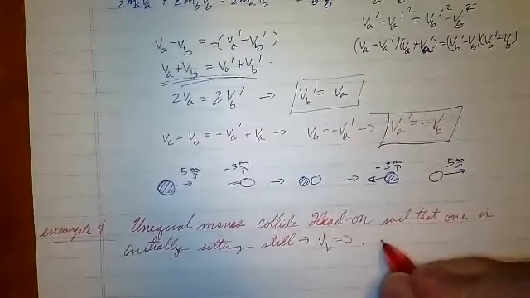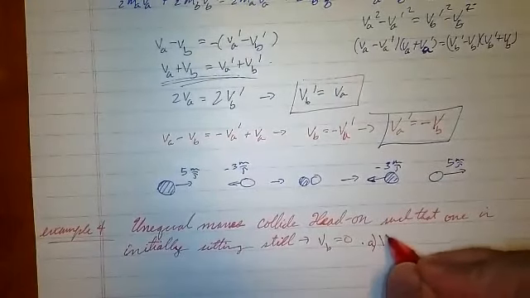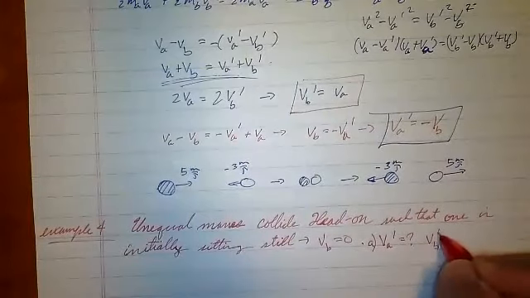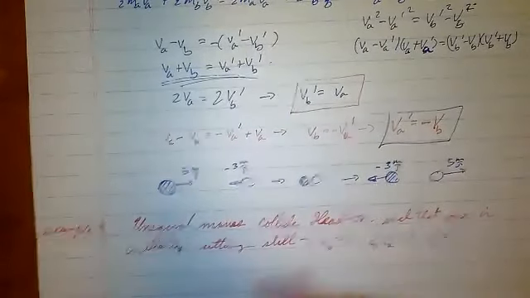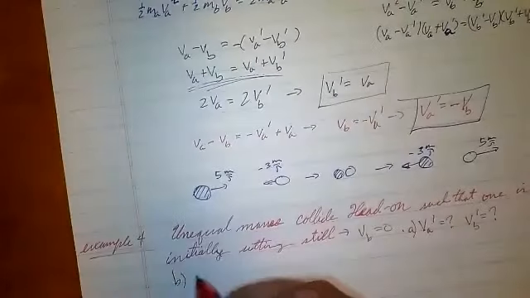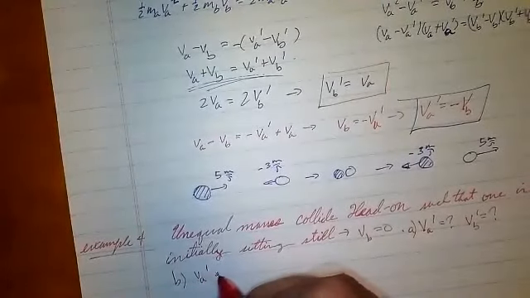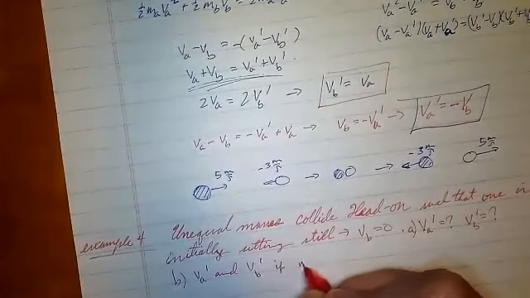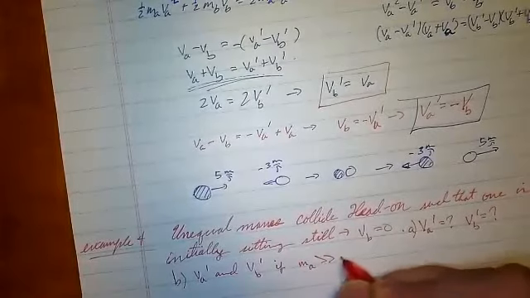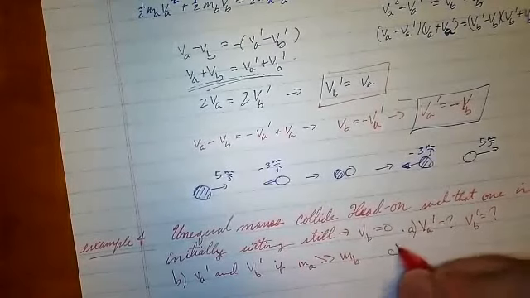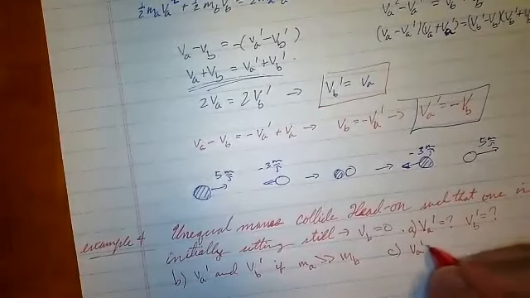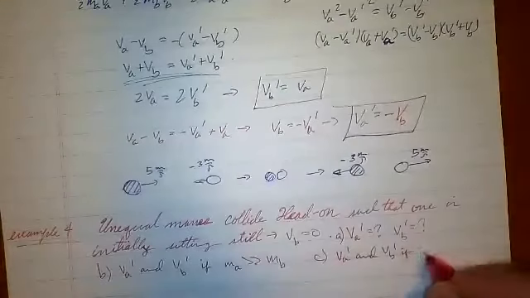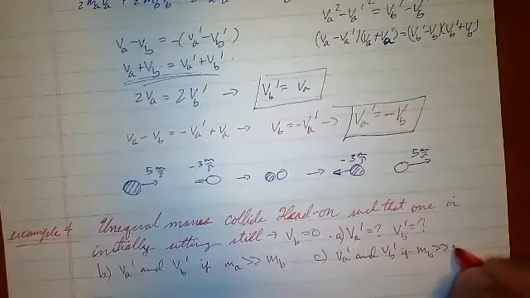Here's part A: I want to find VA prime and VB prime. In part B, I'd like to find VA prime and VB prime if MA is much greater than MB. And then part C, I'd like to find VA prime and VB prime if MB is much greater than MA.